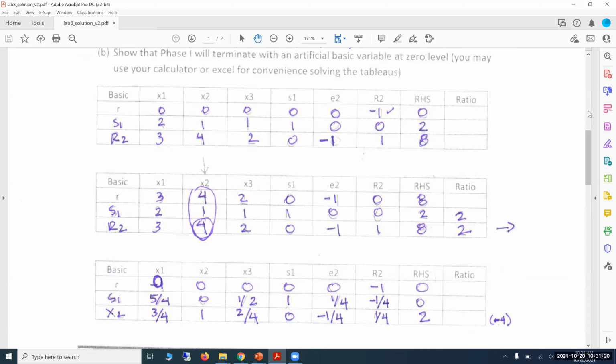This is typical for phase 1 of the two-phase method. In the beginning, S1 and R2 are going to be the basic variables, so they have to represent the identity matrix.